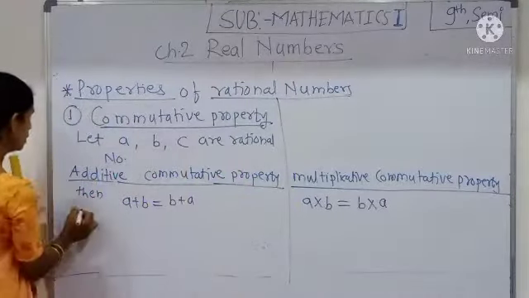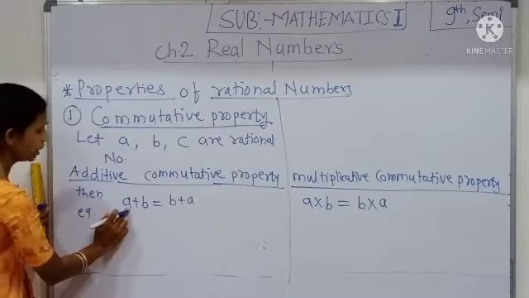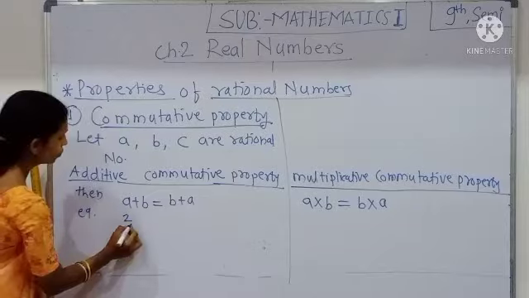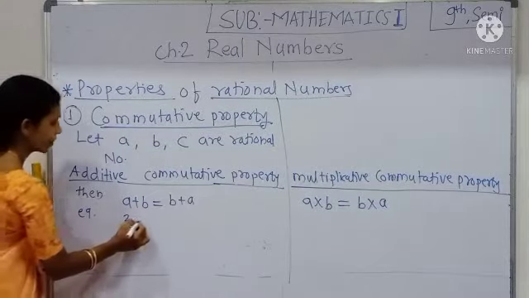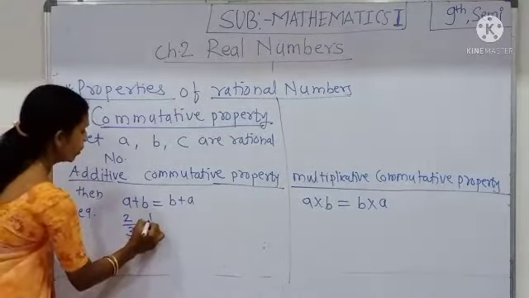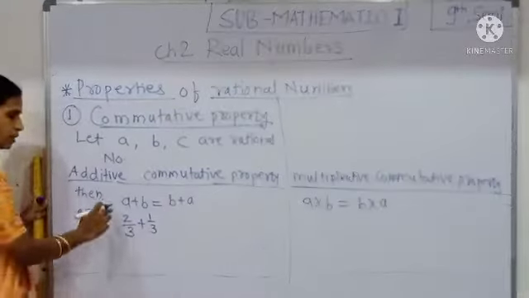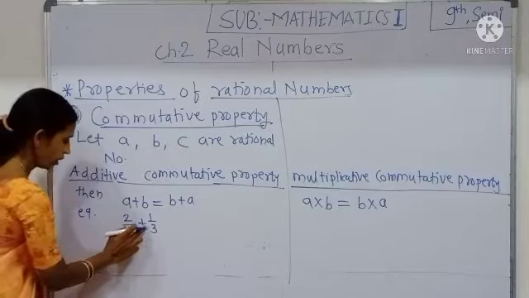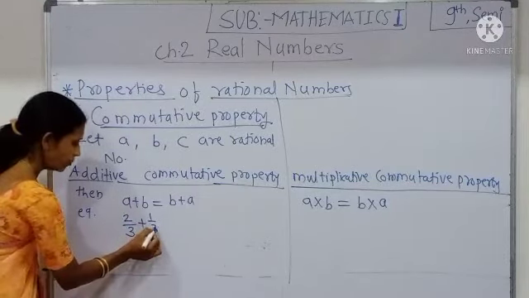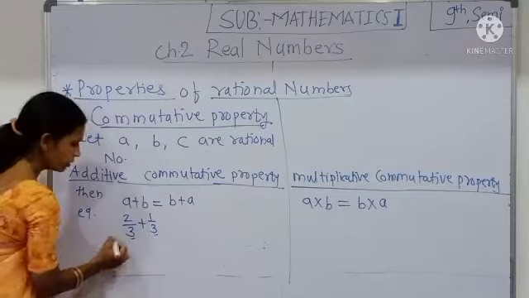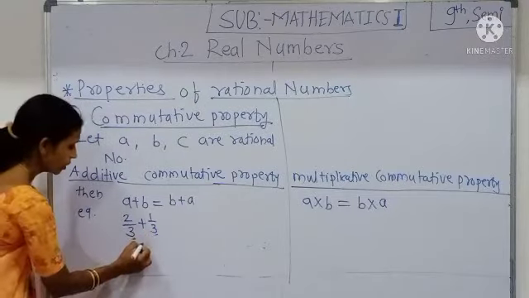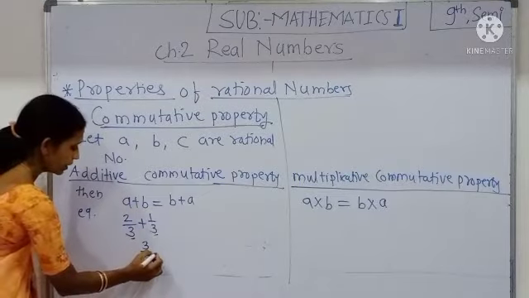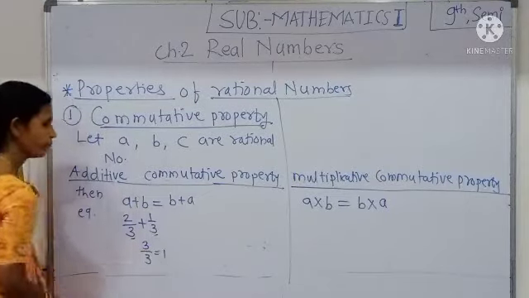For example, see here, A is a rational number, that is 2 upon 3 plus 1 upon 3. Here denominators are same. Therefore, 3 upon 3, 2 plus 1 upon 3, that is here 1.